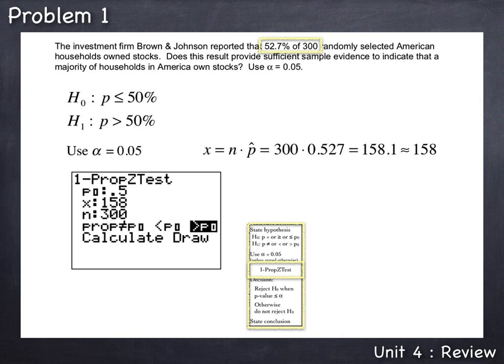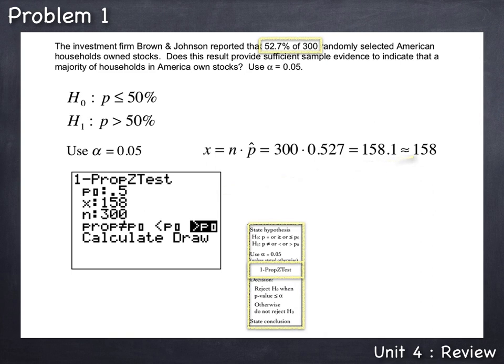You can't have 158.1 American households in the sample own stocks, because the American household either owns stocks or it doesn't. There's no in between. So we need to round off our answer to the nearest whole number. 158.1 is closer to 158 than it is to 159. So we enter in the calculator for X, 158.